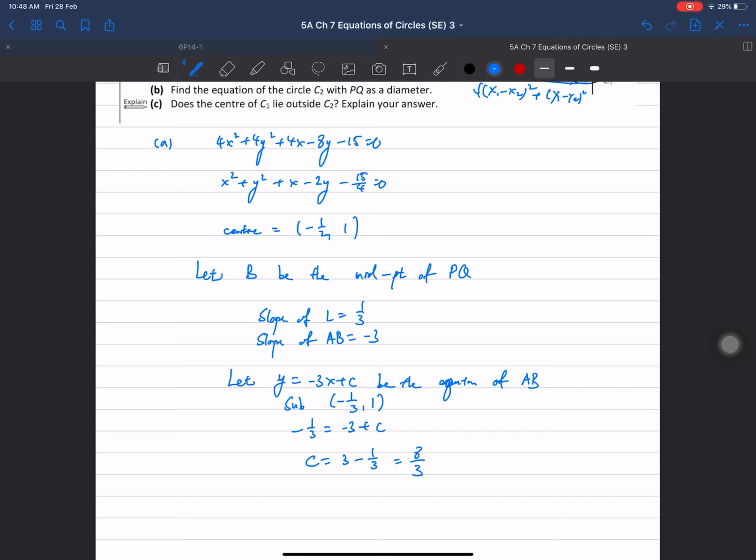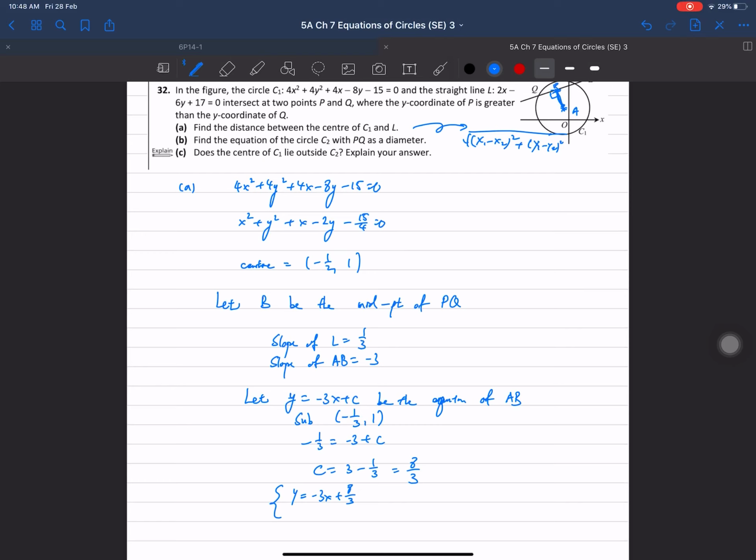I know. So how to find the intersection point? You can solve the simultaneous equations and then you can find the point.